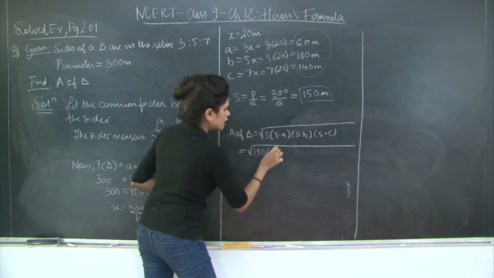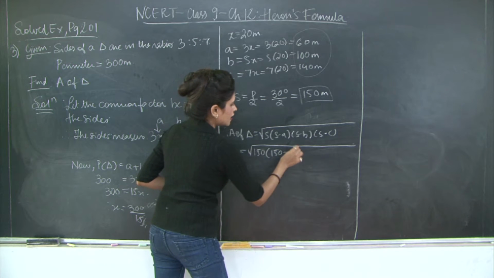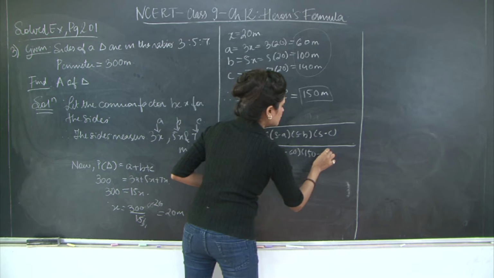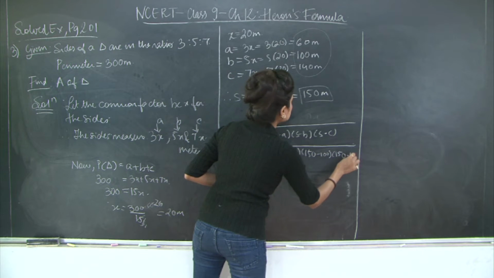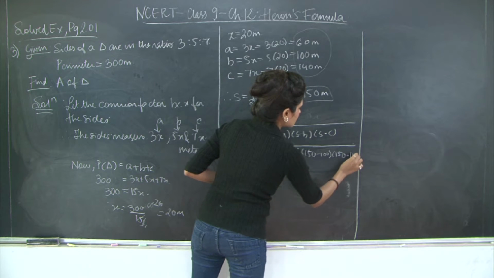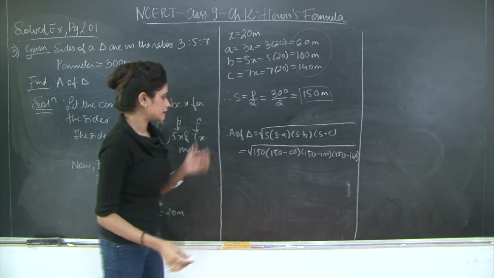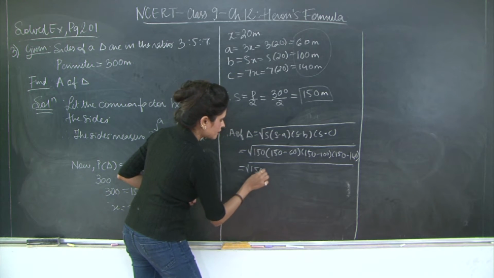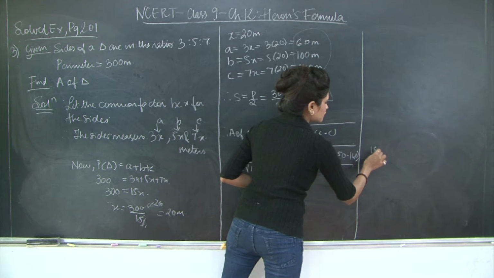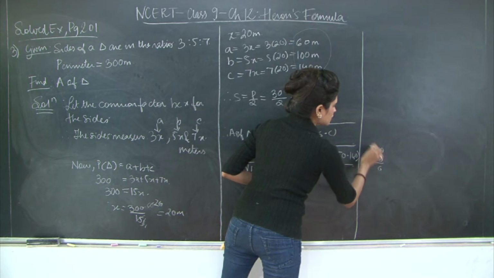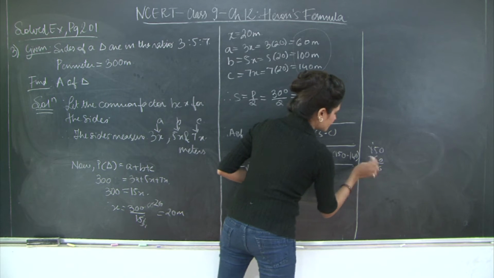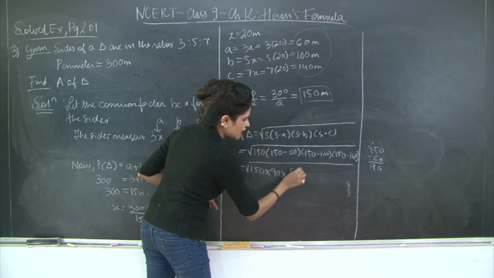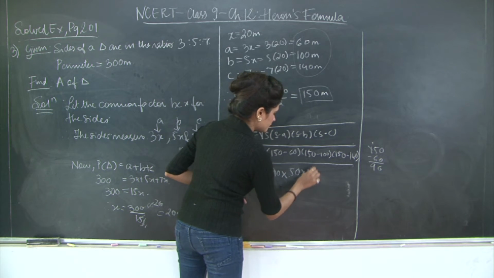So 150 into 150 minus 60, 150 minus 100 and 150 minus 140. So this is going to be equal to 150 comes down as it is. Now 150 minus 60 is 90. So this would be into 90. Then 150 minus 100 is 50 and 150 minus 140 is 10.